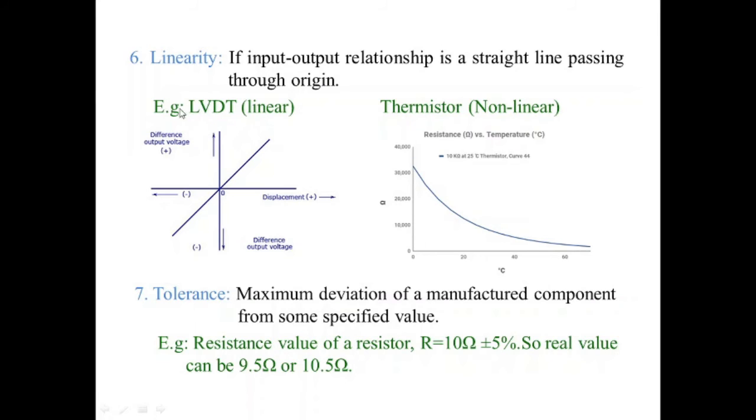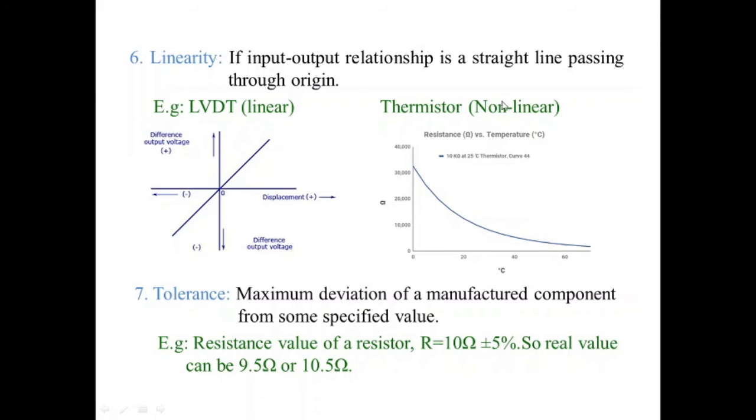We will study LVDT in detail later. There, as the displacement changes over the positive and negative directions, you can see a change in the voltage difference, and it varies linearly. It crosses zero and varies linearly.